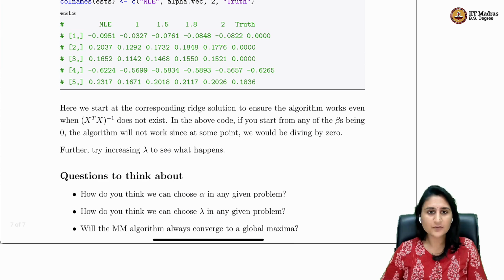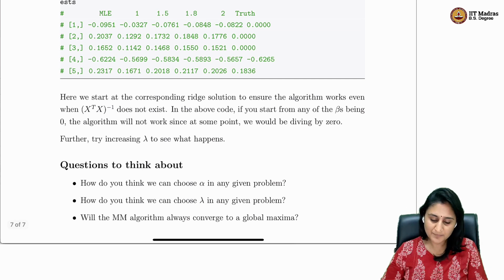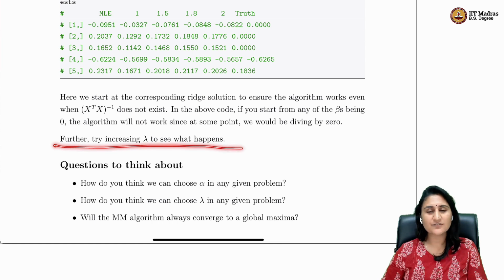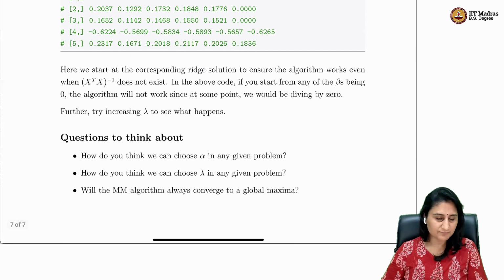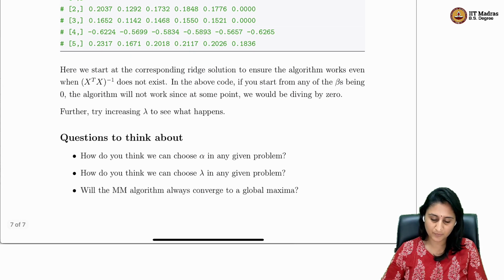Okay, what I would like you to do, when you see the code, is to consider what happens if you were to start from 0, because I've warned you against that. And also what happens if you try changing the values of the penalization term lambda. So give a go at that and see if it has any impact. Okay. The questions that you should think about also are: how should we choose alpha for a given modeling problem?